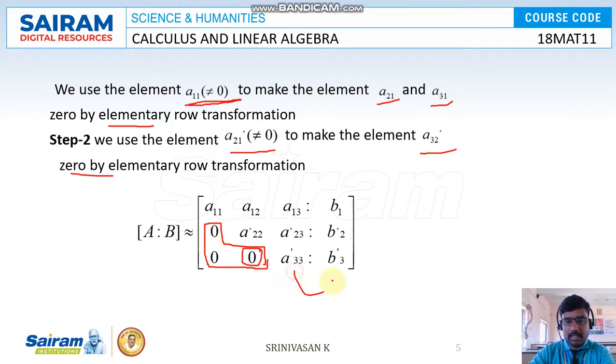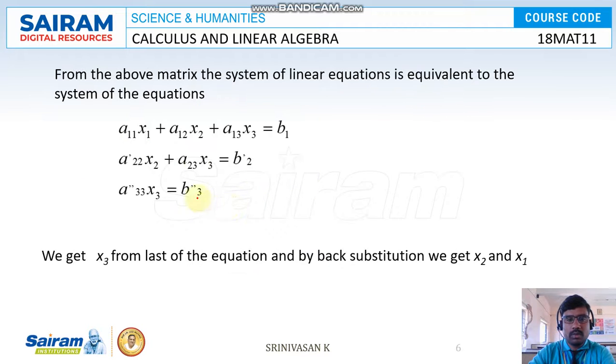Next we can compare the matrix and the coefficients. That is a33. So this is the first equation: a11 into x1 plus a12 into x2 plus a13 into x3 equal to b1.